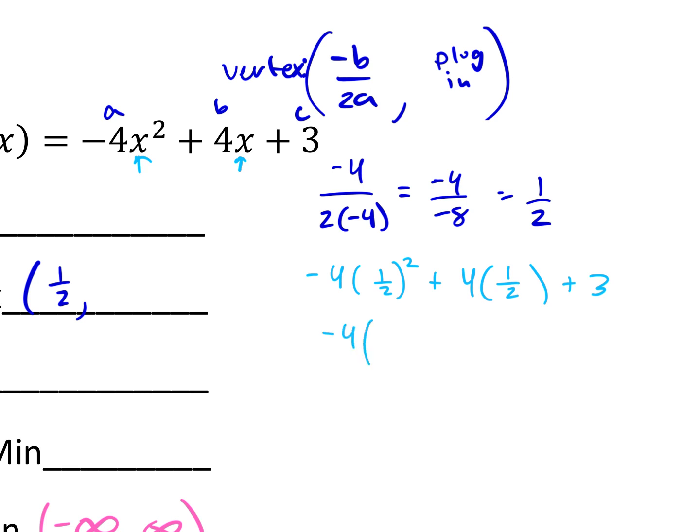So this would be negative 4 times 1/4, which would be negative 1, plus 4 over 2, which would simplify to 2, plus 3. So that would be 1 plus 3, which would be 4. So the second number in our vertex is 4.